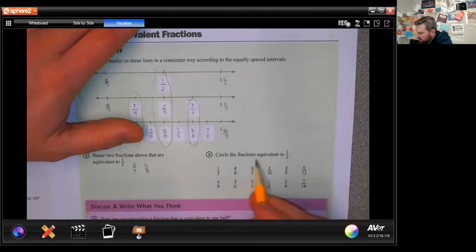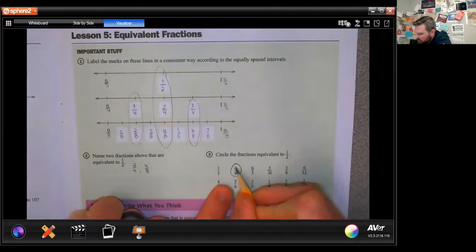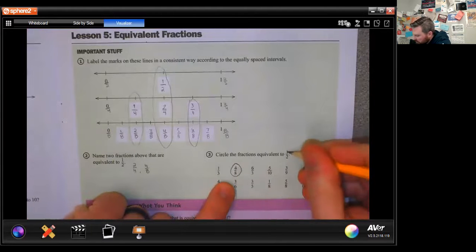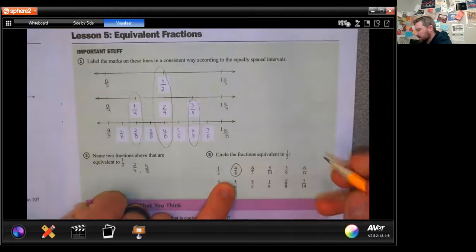Circle the fractions equivalent to 1/2. Okay, so we said 4/8 was. Notice that 8 is double this number. 2 is double this number. So if it's doubled, it's the same as 1/2.